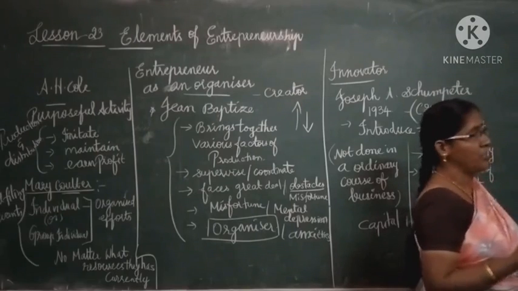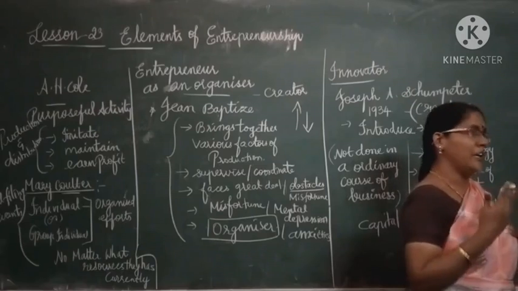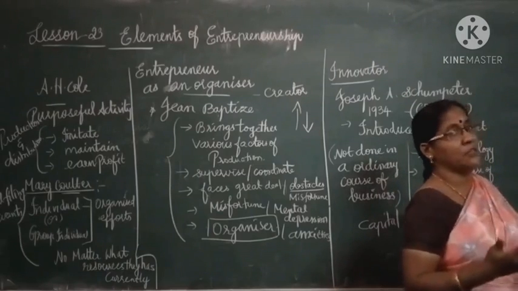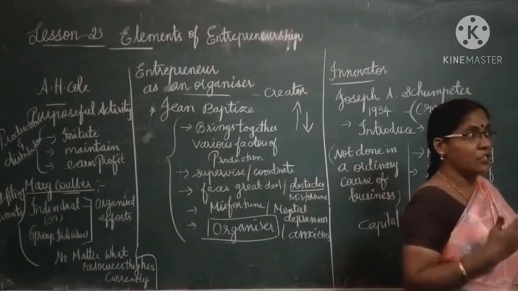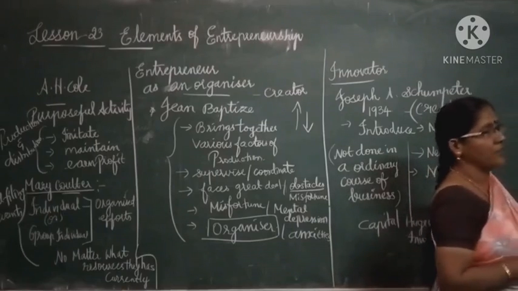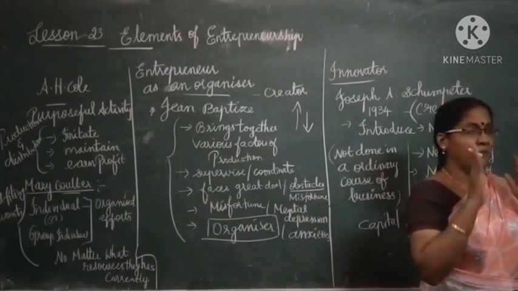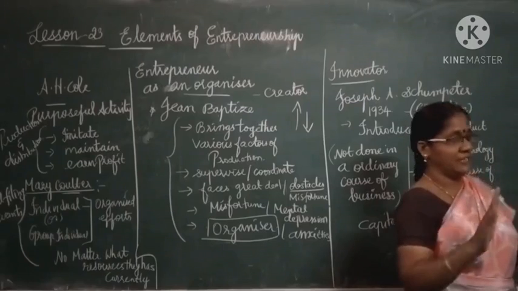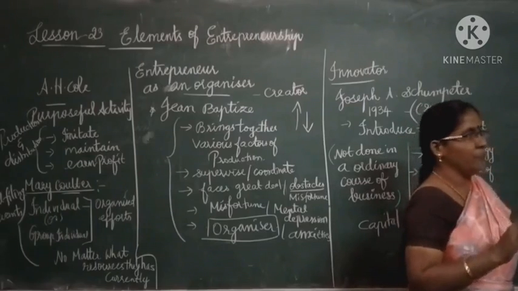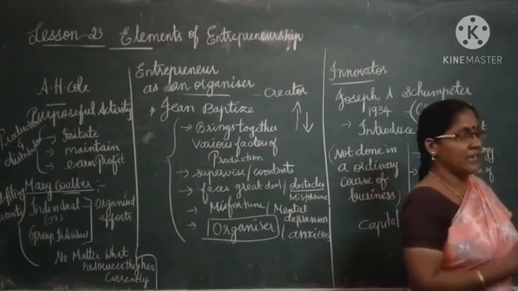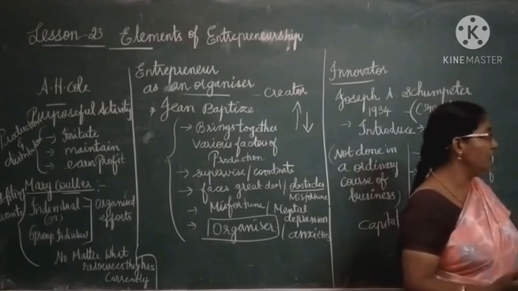Then innovation. You have already seen that the entrepreneur is an innovator. Resource mobilization: whatever resources he has must be mobilized in a proportionate manner. Hard work: he must work hard and does not want to take rest. Then leadership: he must possess the quality of leadership, then only the other person will do the work.